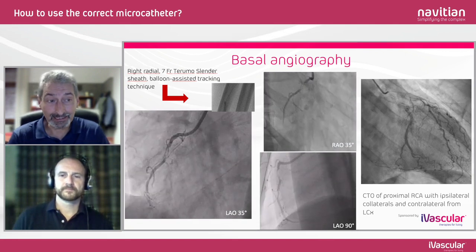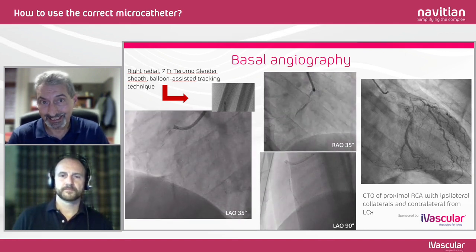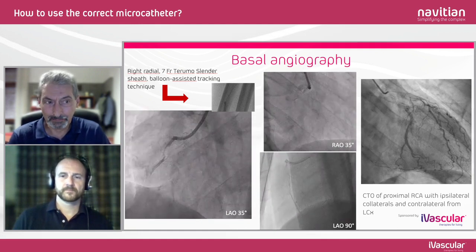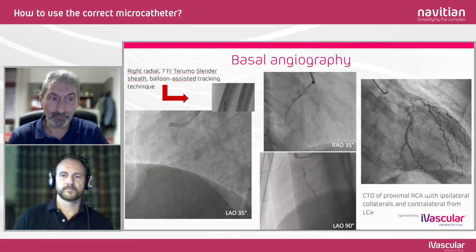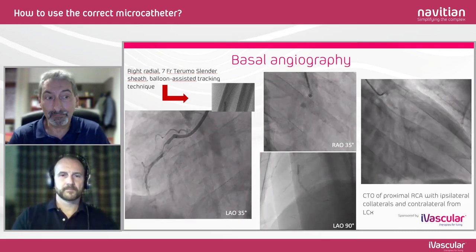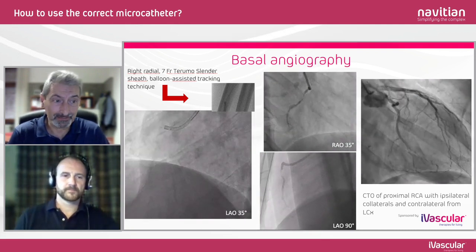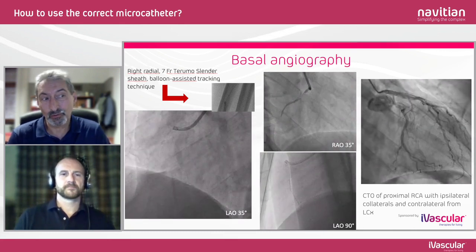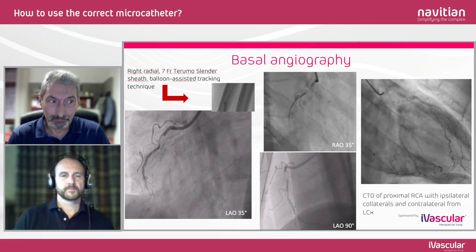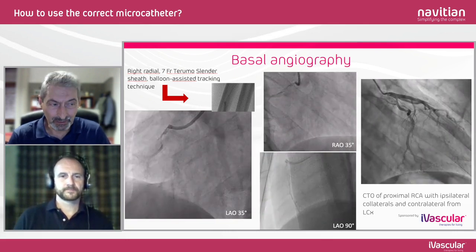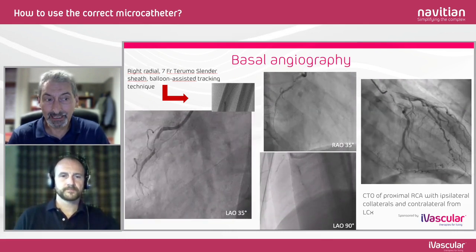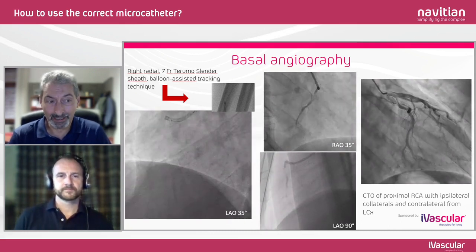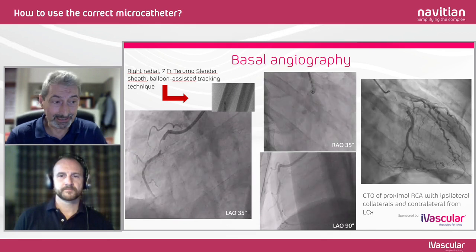There are collaterals, so there are chances, in case the anterograde approach doesn't work, to follow these epicardial microcatheters from the left circumflex, but let's try not to spoil our possibility to go through a relatively short proximal occlusion without visible calcium anterogradely. And to do that, you need a good wire and you need a microcatheter.